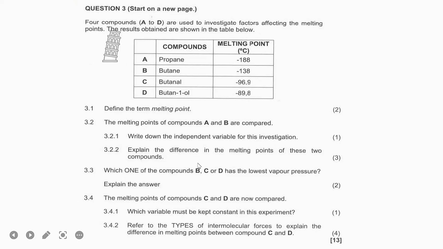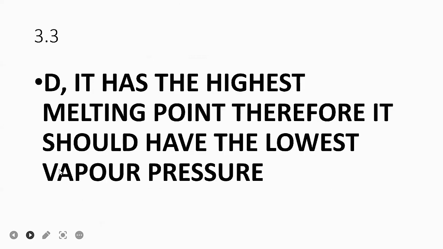So which compound here between B, C, or D has the highest melting point? It is obviously D, right? So we are supposed to say our solution is D. Why? Because it has the highest melting point. Therefore, it should have the lowest vapor pressure, making use of our relationship, right?